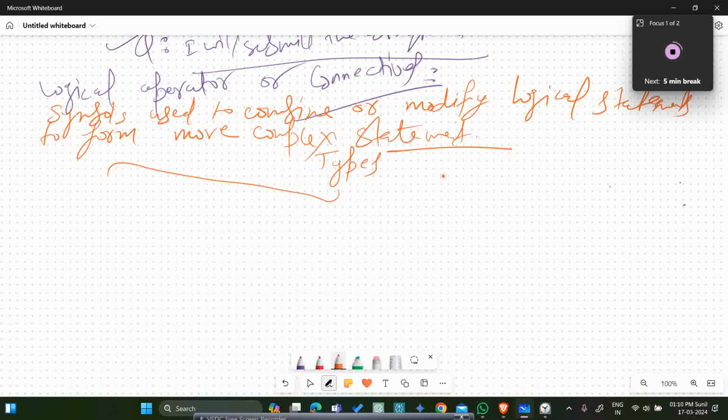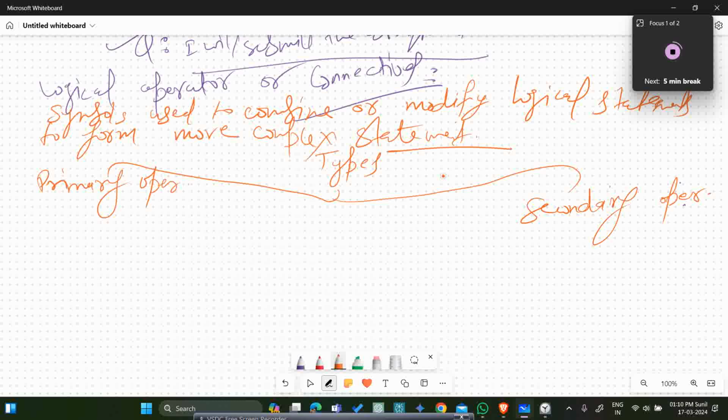Types are, one is primary connectives or primary operators, and second is secondary operators. So what are primary operators?